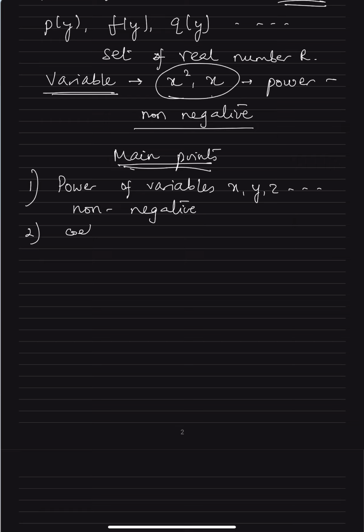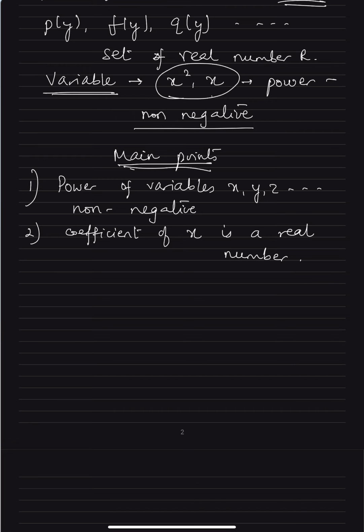Secondly, the coefficients of x are always real numbers. And thirdly, polynomial is an algebraic expression with one or more terms. Poly means many. An expression with one variable is called a polynomial.